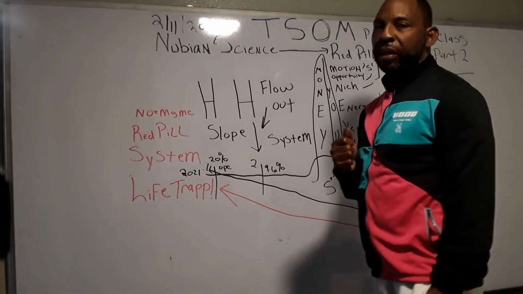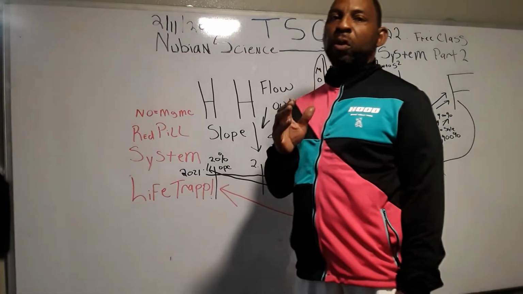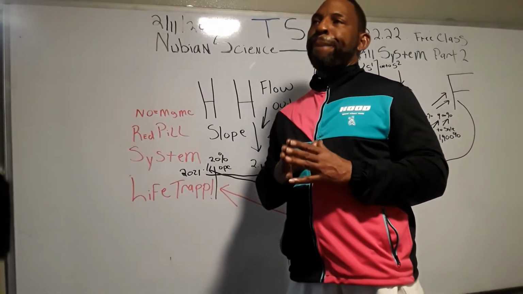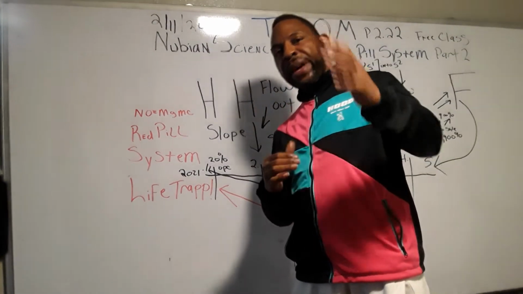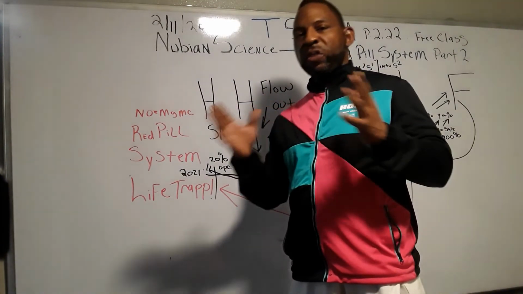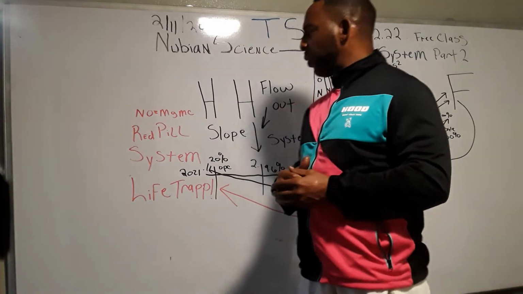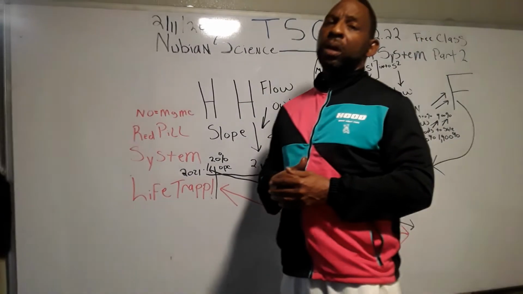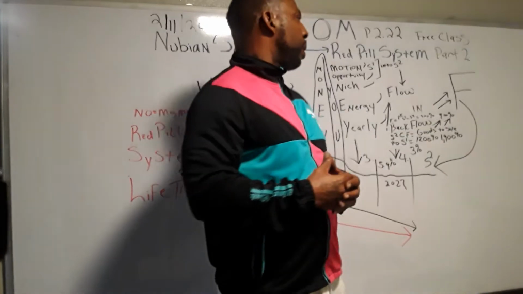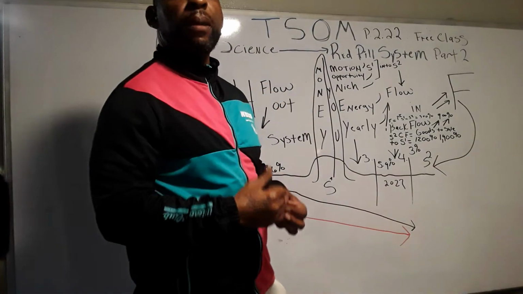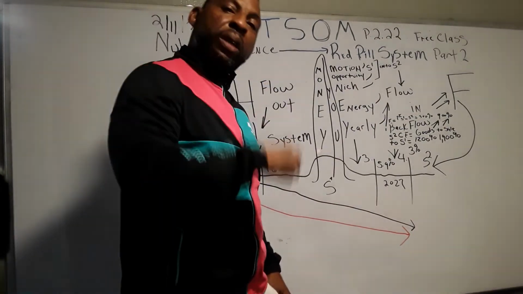This lesson, as I said, is solely designed to teach 30,000 people a year on saving money using the MGMC created by Nubian Science. So, on that note, let's get into the lesson.